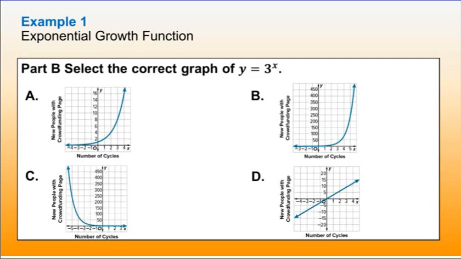Here we have four choices of graphs, and we have to determine which one would best show that. Since we know that it's a growth, it has to go up from left to right, so that eliminates C. We know that exponential growths are non-linear, so it can't be D because that one is linear. Now it leaves us with A and B. Now if x is 0, that would make it equal to 1.